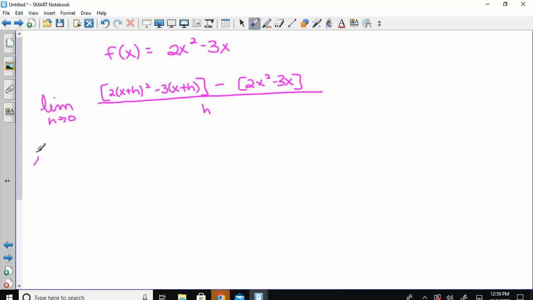All right, so let's just multiply it out. Okay, can I FOIL this and distribute my 2 at the same time? Yeah. So we would get 2x squared, 4xh plus 2h squared. Distribute the -3, so minus 3x minus 3h minus 2x squared plus 3x.